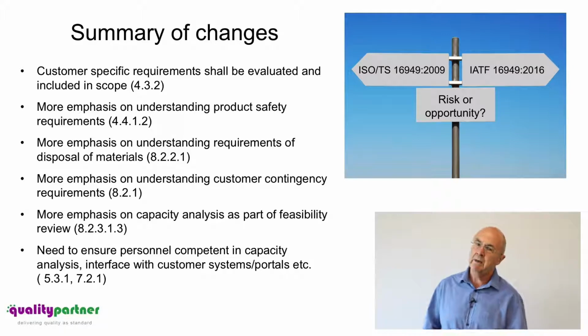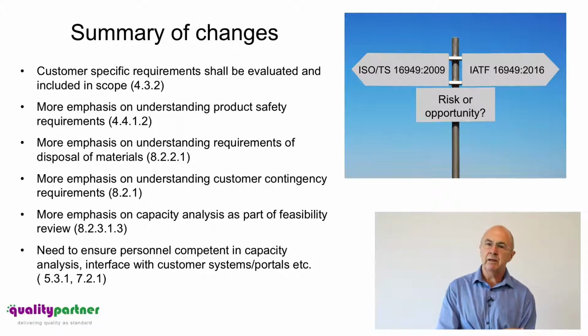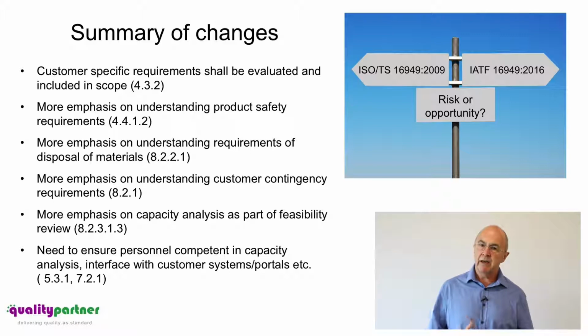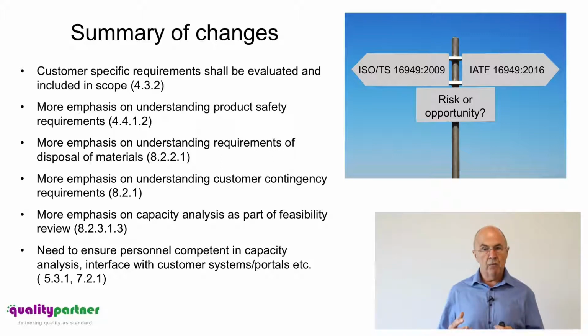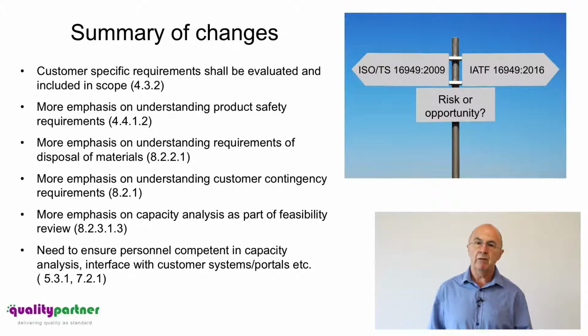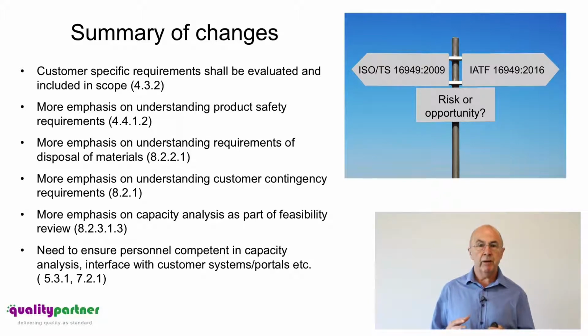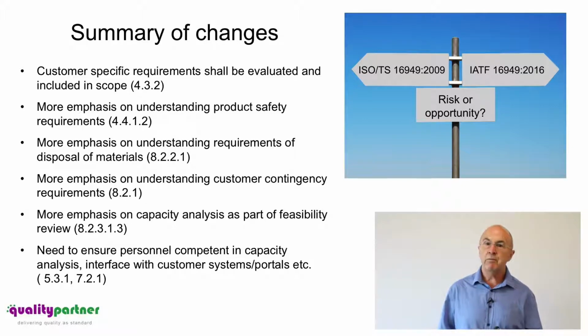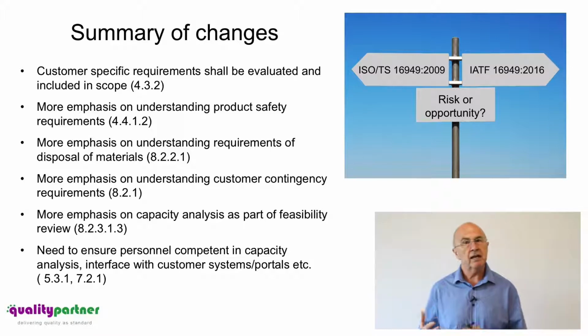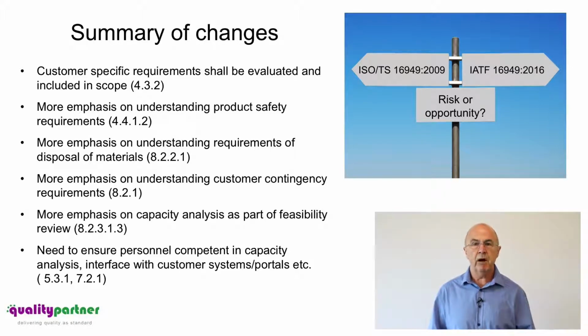The last point I want to emphasise is personnel competence. In previous ISO 9001 and in ISO TS 16949, there has always been a requirement to demonstrate competence of all personnel within the organisation. But now we see special emphasis on making sure that we've got personnel competent, for example, in capacity planning and capacity analysis, taking into account customer specific requirements.